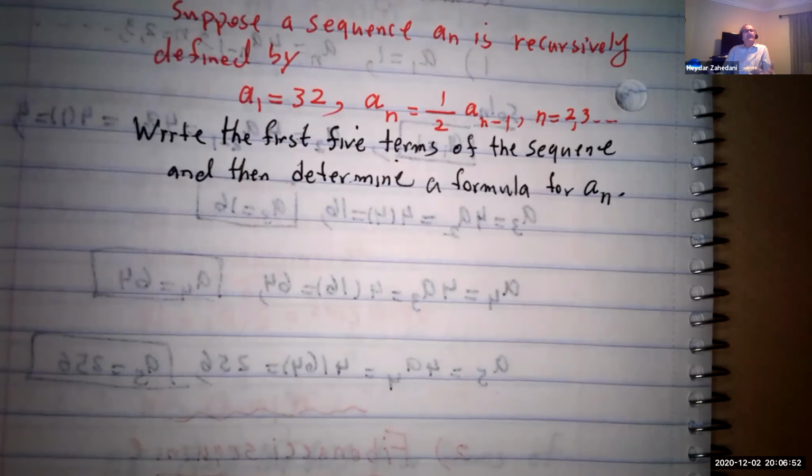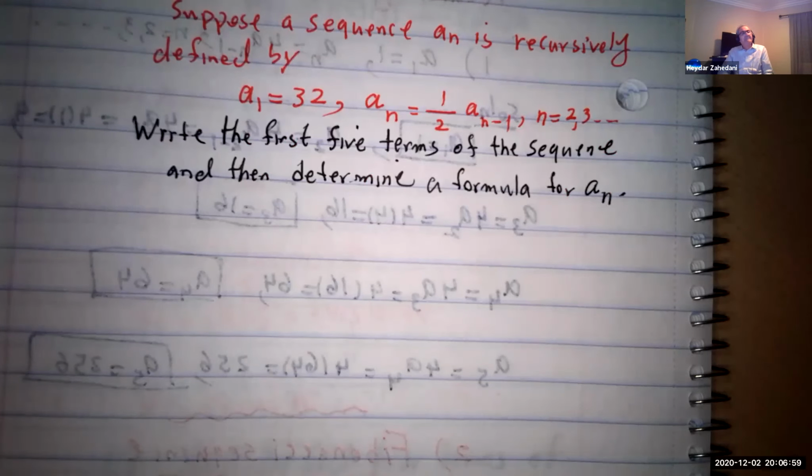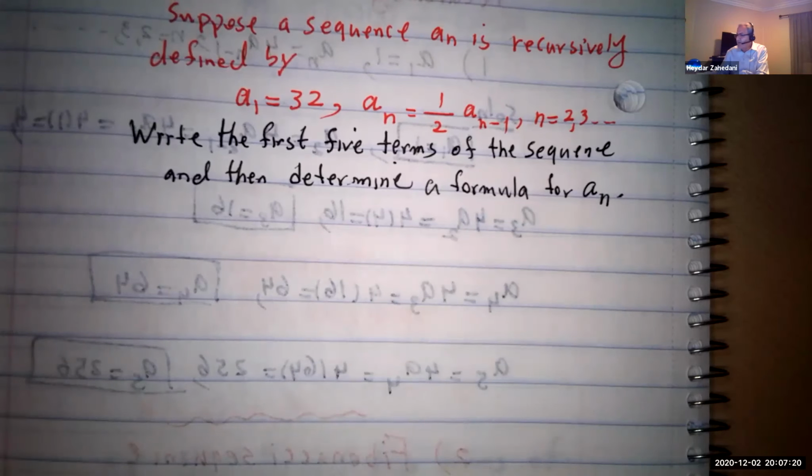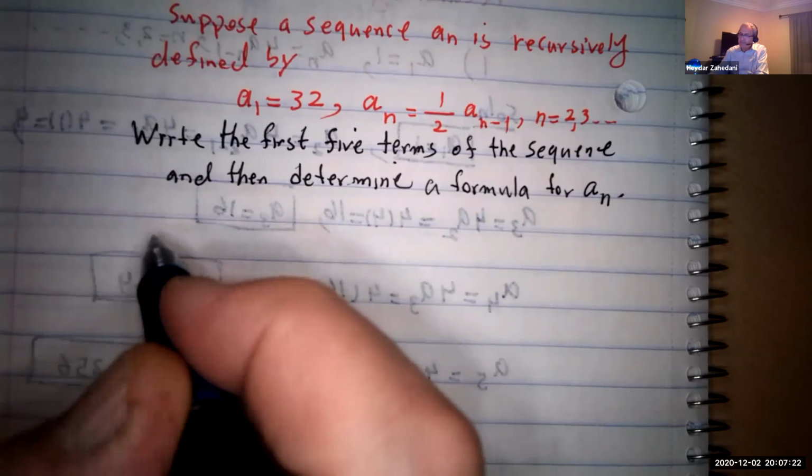We want to find the general formula of a sequence. It's not the case that you'll always be able to find it. Sometimes it's complicated, but these cases are easy. What you are going to do is write some of the terms and see what's going on, and you may be able to connect them together to get a general formula. These are easy types.